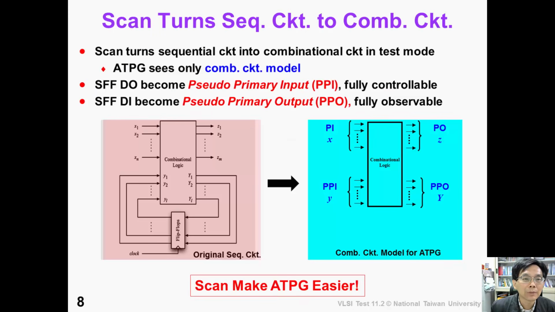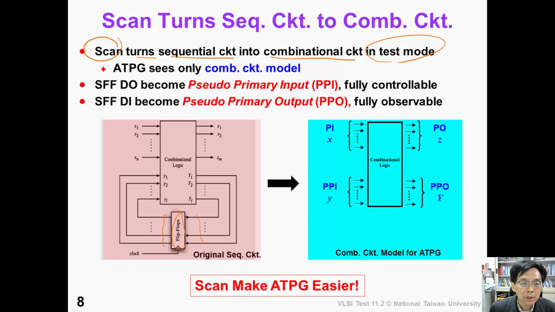As we can see from the previous example, scan can actually turn the sequential circuit into a combinational circuit in the test mode because the flip-flops are fully scannable. So we can fully control the output of the flip-flop. We can also fully observe the input of the flip-flop.